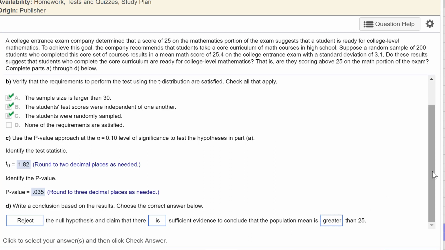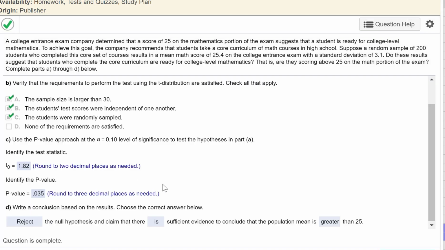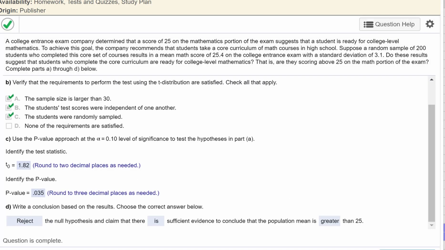I'm looking up here at my research hypothesis. We're going to reject H0, so we have to sort of embrace our H1 or HA, our research hypothesis.